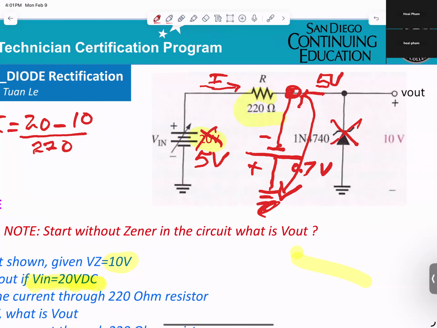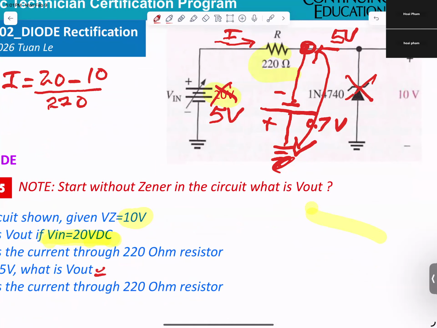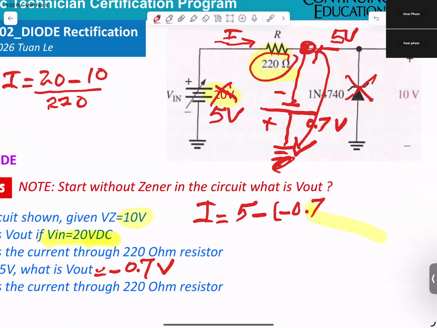Then the current through 220: I will be 5 minus 0.7, divided by 220. 4.3.